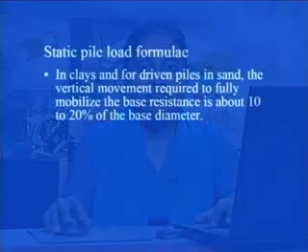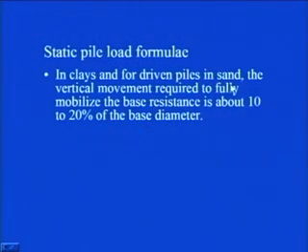So, in case of clays and for driven piles in sand, to mobilize the base resistance fully, the vertical movement is of the order of 10 to 20% of the base diameter. Let us say if the diameter at the base is 1 meter, then around 0.1 meter to 0.2 meter is the vertical movement that will be required to fully mobilize the base resistance.